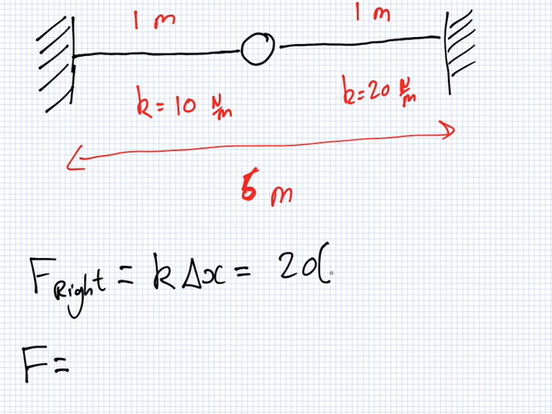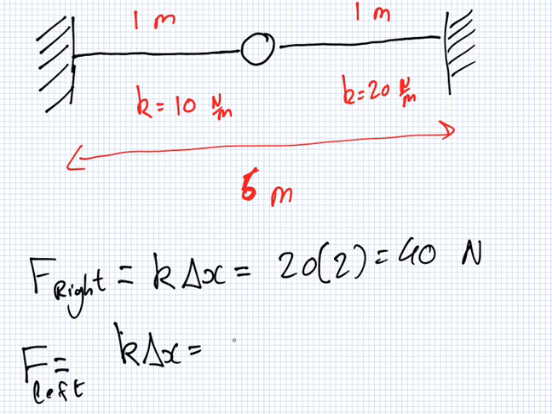Okay, so Louise, can you then tell me now for the one to the left? What do I have here? So it's going to be like this one. It's K, what's the formula? K delta X, yeah. 10 times 2.